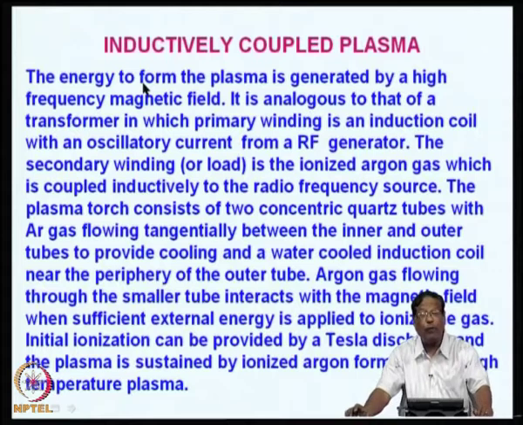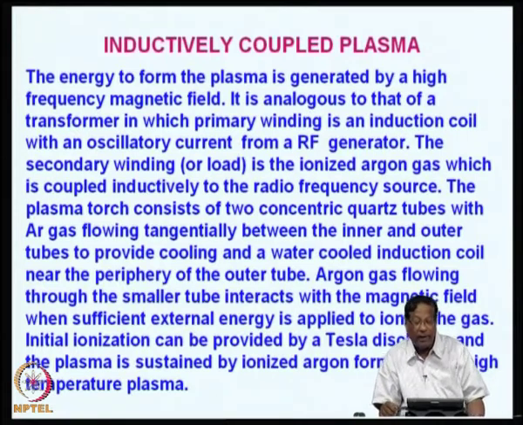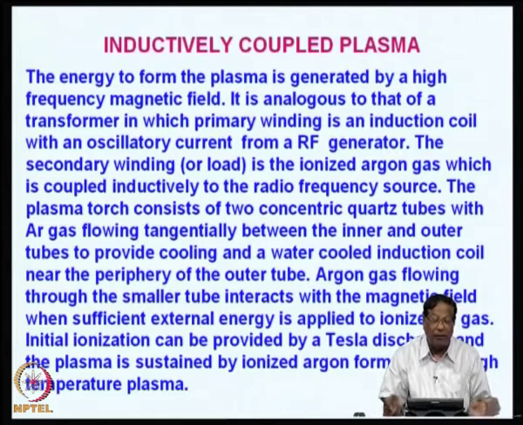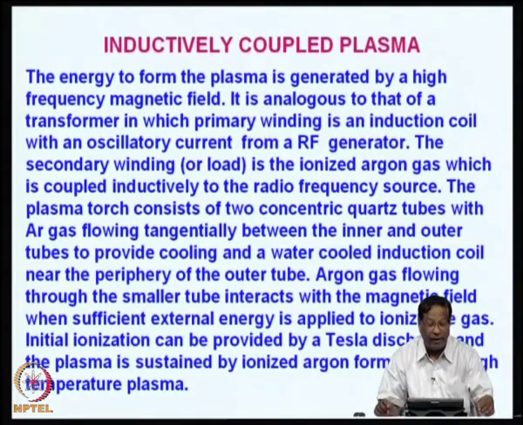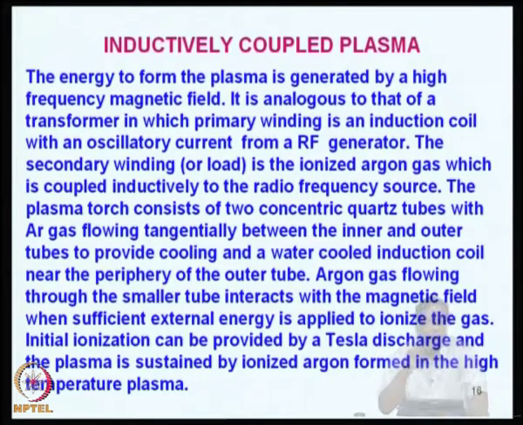The energy to form the plasma is generated by a high frequency magnetic field. It is analogous to a transformer, in which there is a primary winding, an induction coil with an oscillatory current from an RF generator, a radio frequency generator. The secondary winding, you remember any transformer, first there is a primary winding, inside that there is a secondary winding.